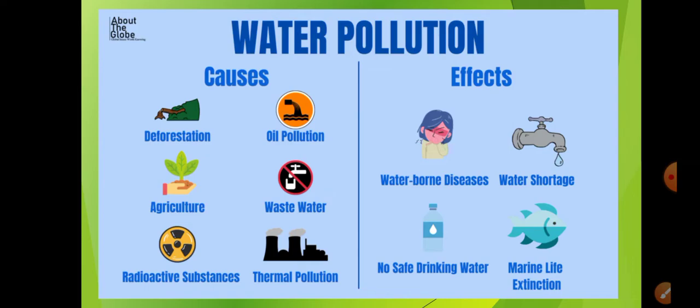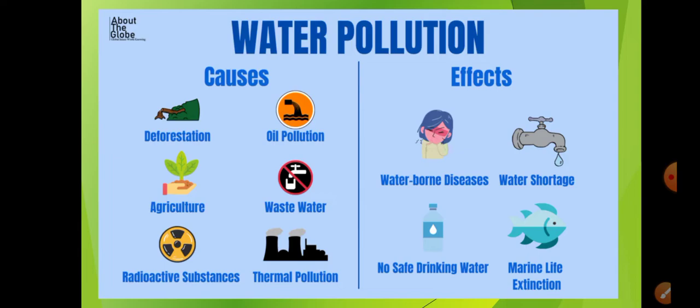Next is marine life extinction. Now, as we had discussed about marine pollution, the plastics, the clothes, even the waste products from the house, everything is getting dumped in the marine area or the water bodies. In such a case, what happens? It becomes very difficult for the animals living there to survive.